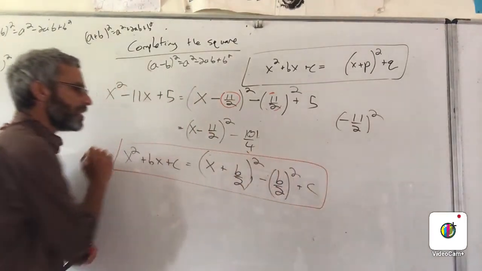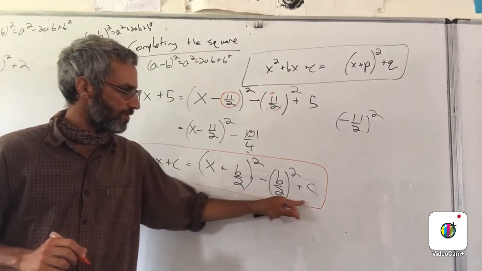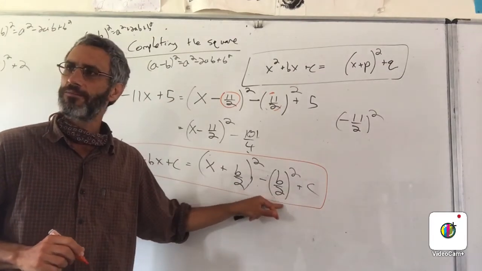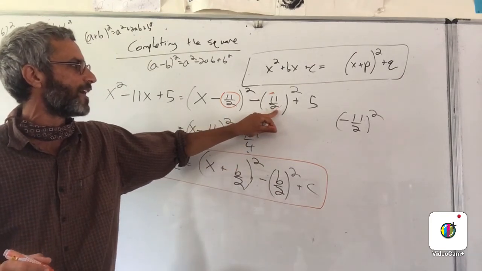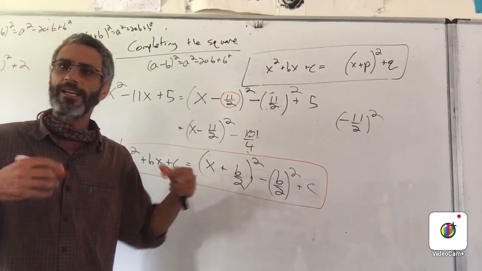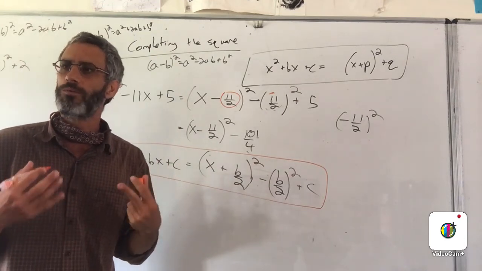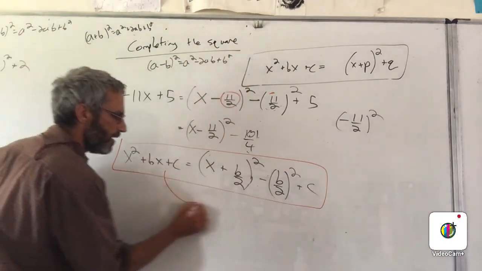And what you still need to do, once you know what b over 2 is, is add these together. You obviously don't want to leave it like that. This is not the final answer. This formula is a recipe for how to go from here to there.